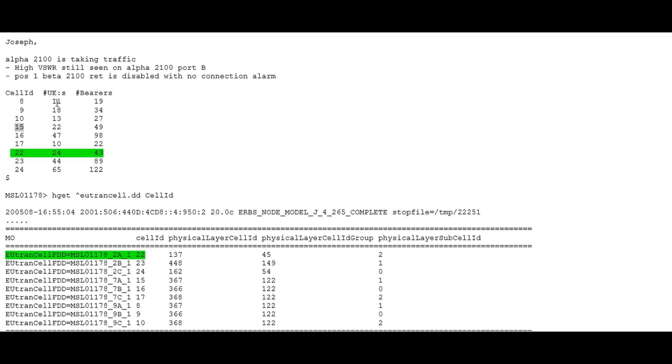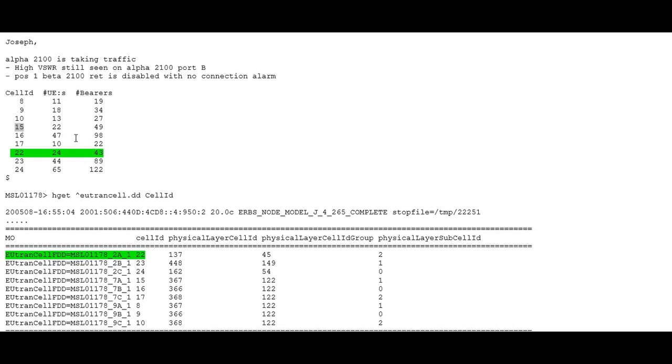But either way, we can see it. We have some other numbers in this little matrix that they sent us. Traffic reports are great to ask for if you have an issue that you can't solve immediately. Maybe you need to order or get a jumper or something like that, and you want to know if the issue is actually causing that technology or node to not take traffic or to drop calls, for instance, right?